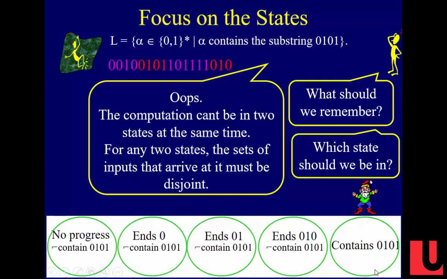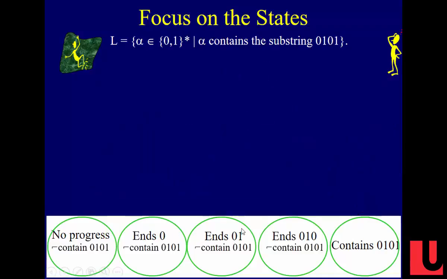Everybody buy that? And I think our light blue man over there might have been hinting at this extra thing. Are these sets disjoint now? What about, see, what do we got? Look at that string: it ends in a 0 and ends in a 010, right?